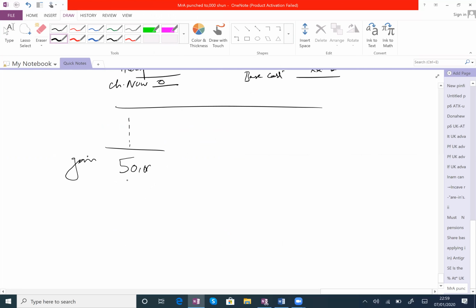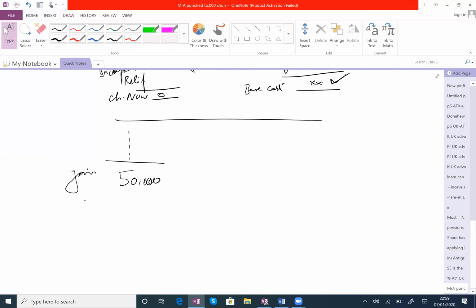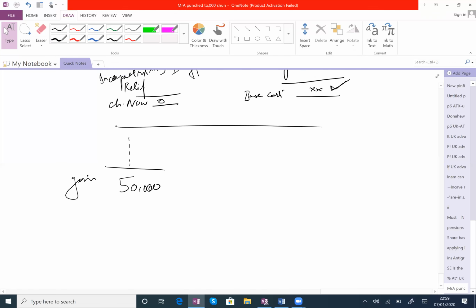So 50,000 gain arises. This gain will be deferred through incorporation relief if I get the shares of the company. What is the market value of my business? 140,000. Market value of the business means the cost of shares. Same market value becomes the cost of shares, 140.